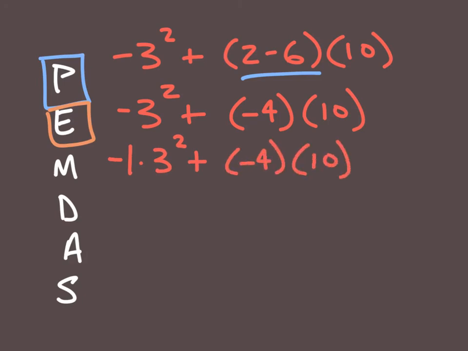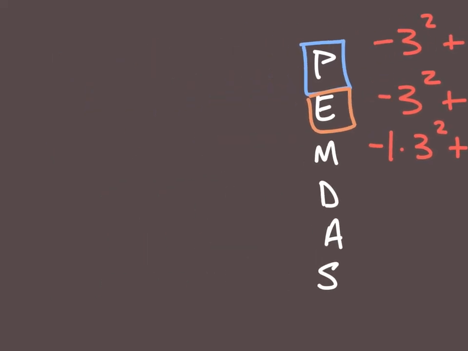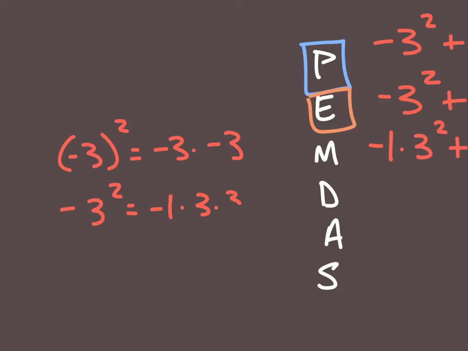If I had parentheses around my negative 3, then that would be negative 3 times negative 3. There's a difference. Negative 3 squared in parentheses means I'm doing negative 3 times negative 3. But if I have just negative 3 squared, that means I have negative 1 times 3 times 3. This one will give me positive 9. This one will give me negative 9.